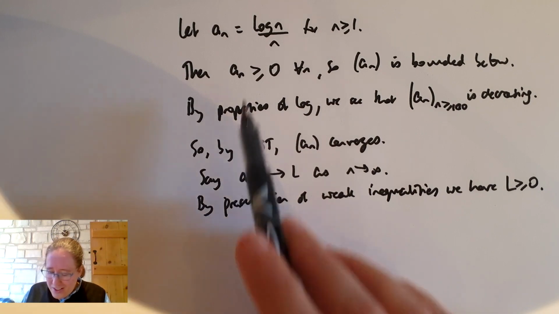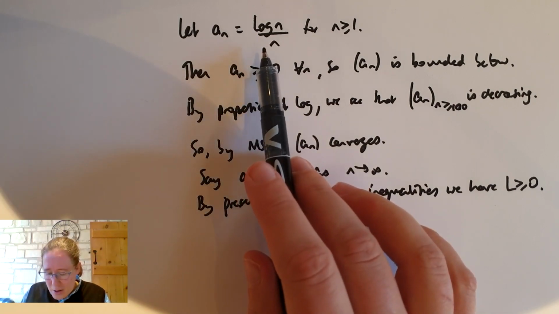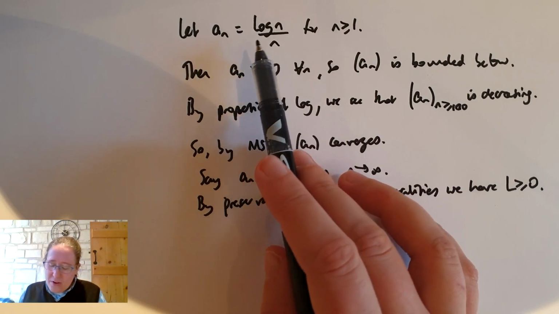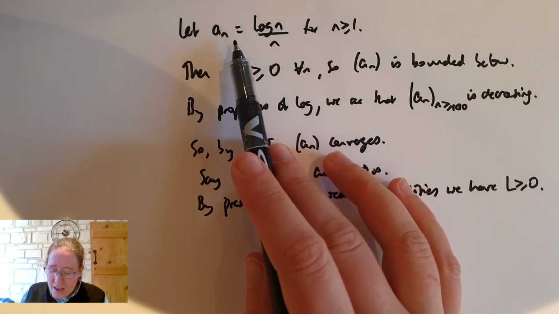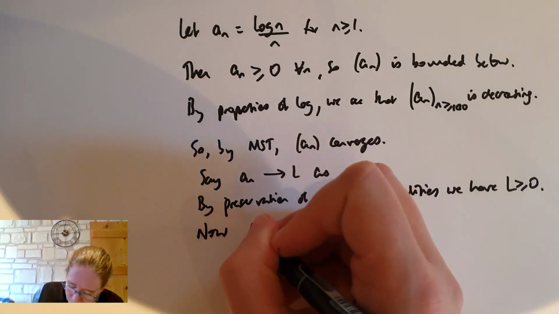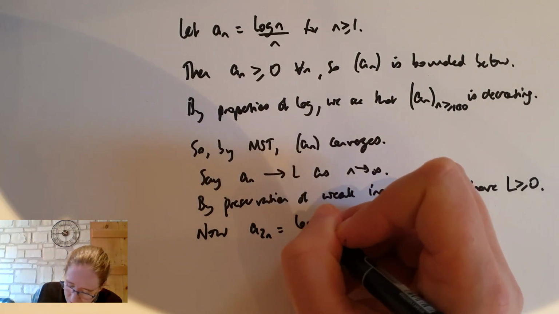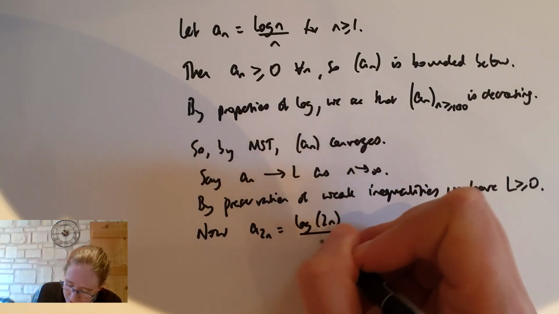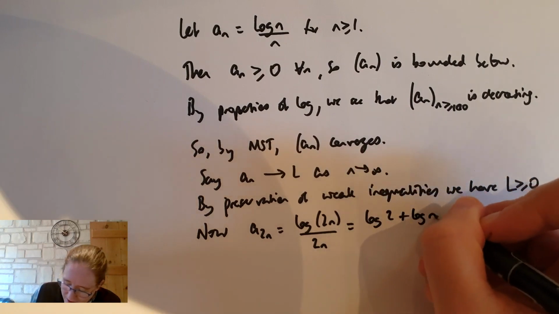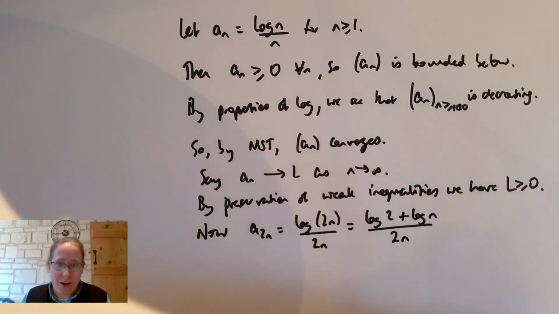But we don't really know anything nice about a_{n+1} in this case. But because we know about properties of logarithm, I think it's quite natural to try a_{2n} instead, because we can do nice things. Because a_{2n}, that's log of 2n over 2n, and that's log 2 plus log n over 2n.